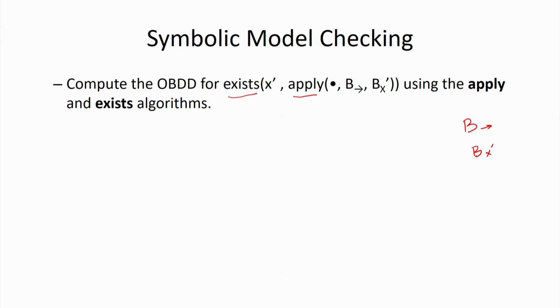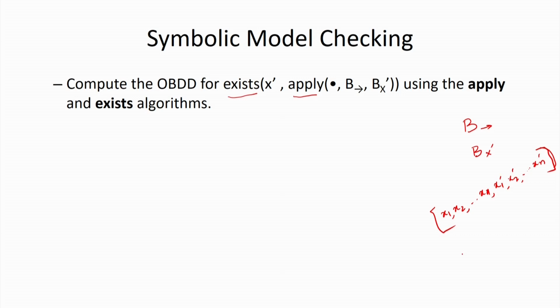That means they are going to use the same variable ordering. So, for B arrow I may think that it is the variable ordering x 1, x 2, x n, x 1 prime, x 2 prime, x n prime. Maybe this is the variable ordering that I may have for B arrow.